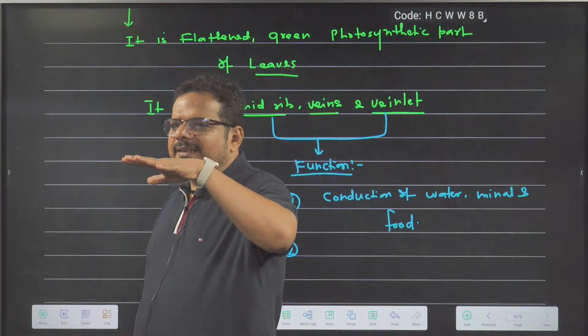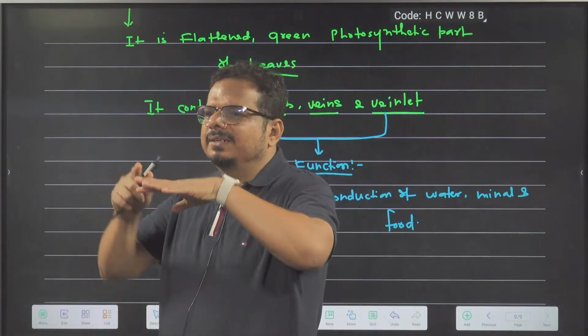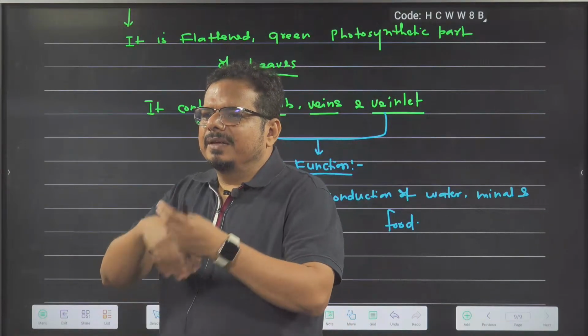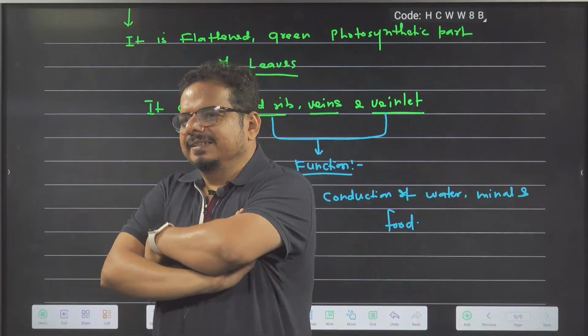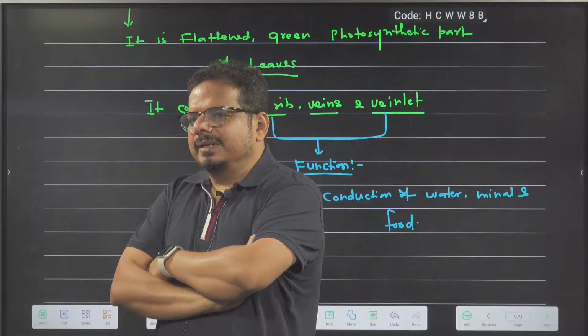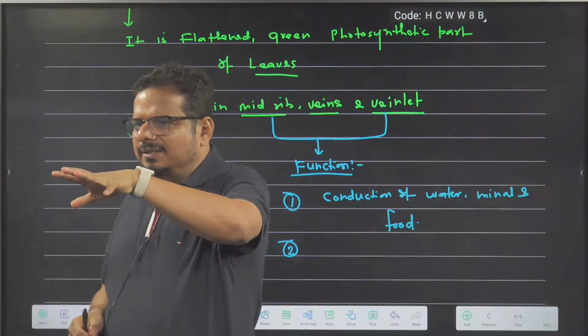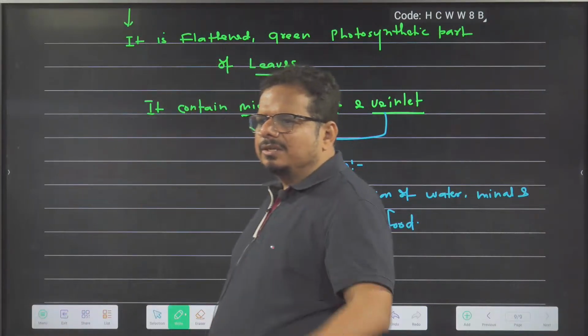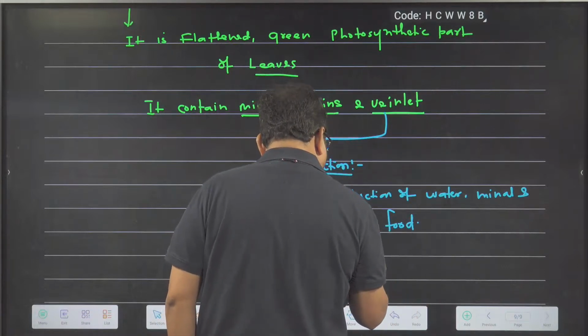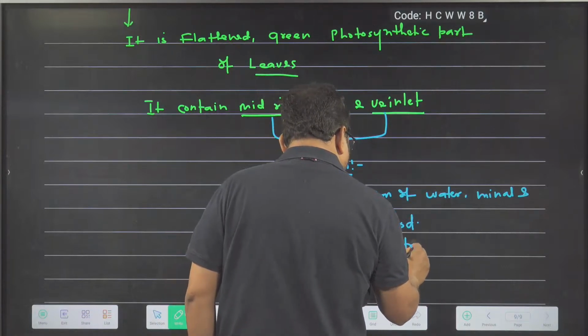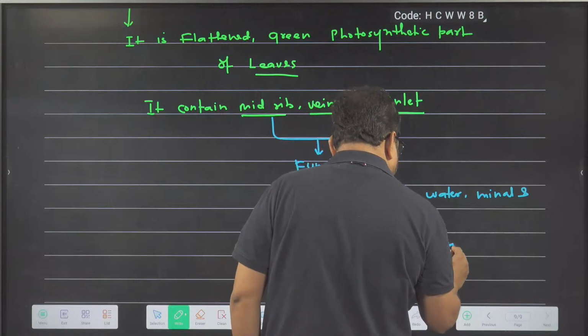It provides the lamina a structural support also, no? Otherwise, lamina is a thin paper-like structure. It will roll. Getting the things or not? So it helps the lamina to maintain its structure. So you can write: provide a structural support to lamina.